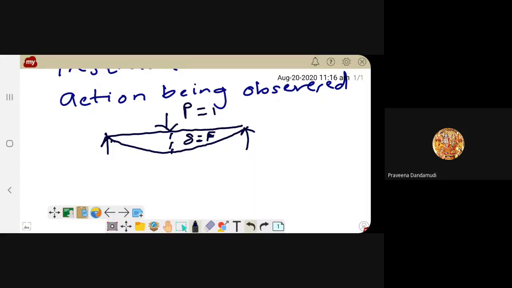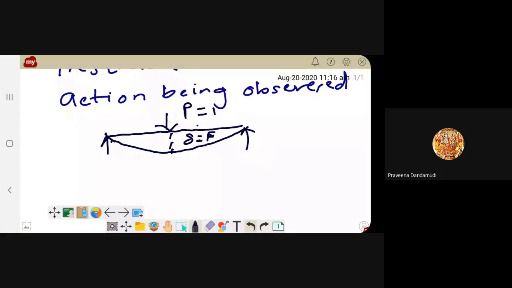Okay, after finding out the delta, you will get exactly the force, or the particular unknown created beneath this point load. You will get exactly that value. Okay, a simple way to understand this problem: I'm just applying a unit load at the center of the beam. You will get delta is equal to F.